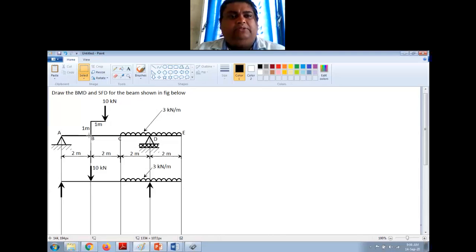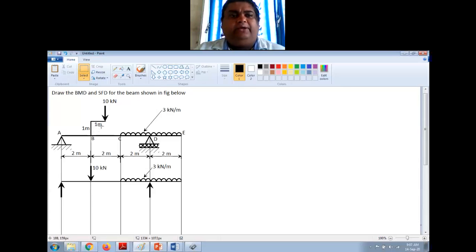Now along with this, I need to add a couple. What will be the couple? The magnitude of the couple is force into perpendicular distance. This is a vertical force, so I will take the horizontal distance. From B, this force is at 1 meter distance.